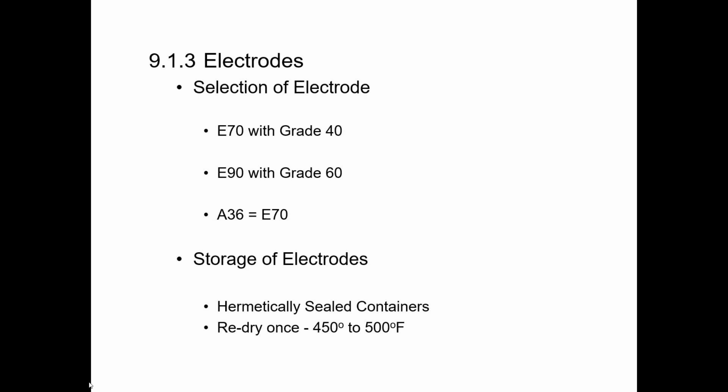Okay, and then the next question we have is: your slide says E90 with 60 bars, why did we change it in the book? The slide is patterned after the book, which assumes a full penetration butt weld.